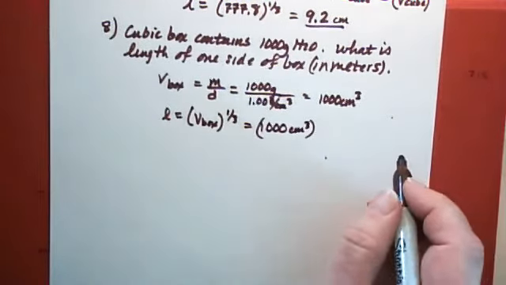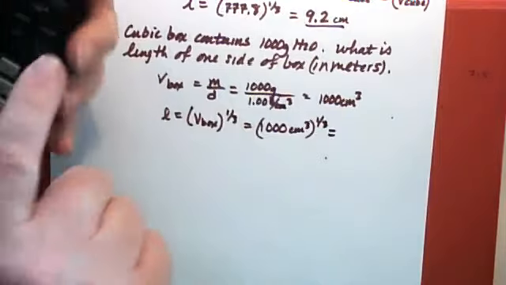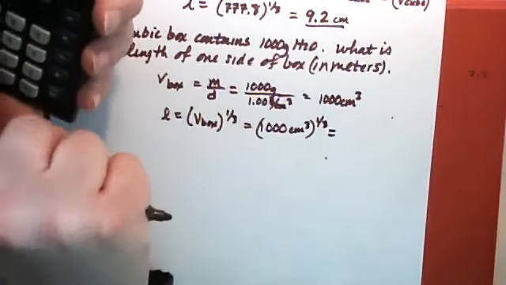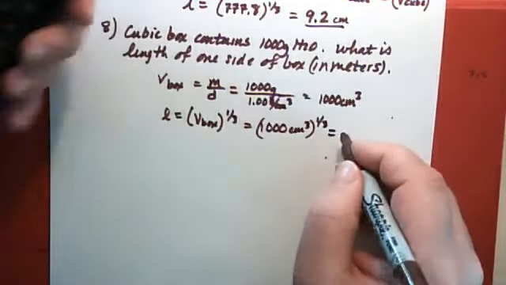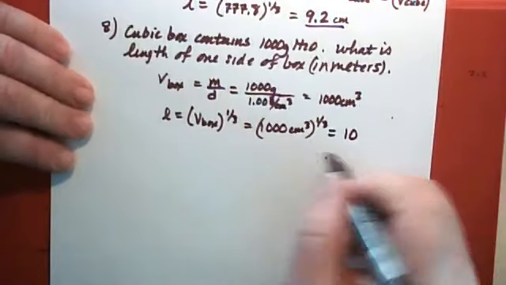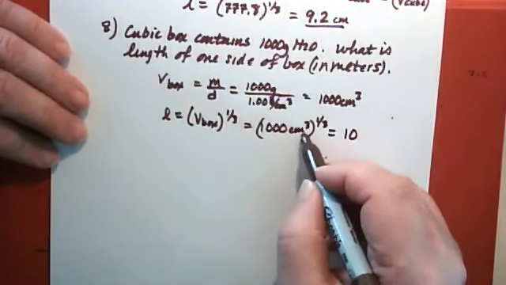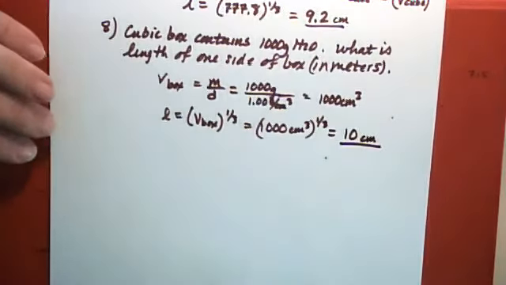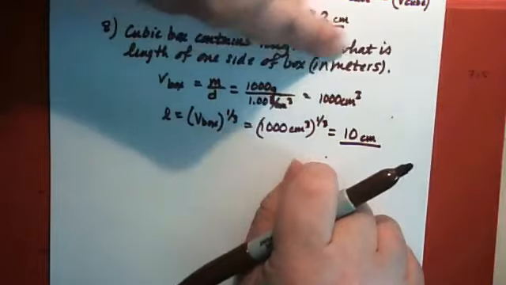So if you take 1,000 cubic centimeters and raise it to the 1/3 power, well, of course, I shouldn't have had to do that on the calculator. 10. And cubic centimeters to the 1/3 power would be centimeters. 10 centimeters. But we're not done yet because it did say in meters.